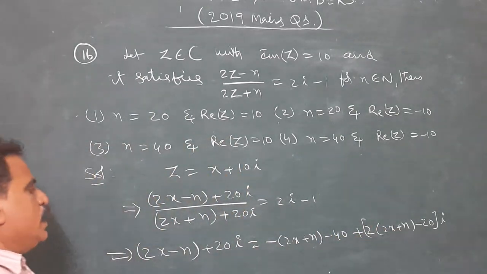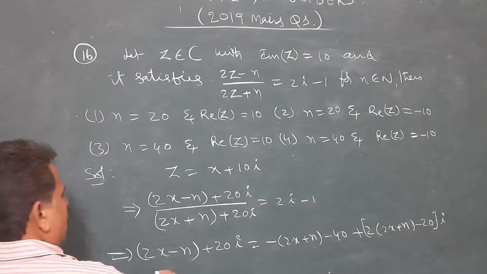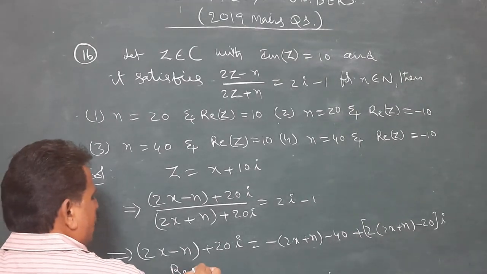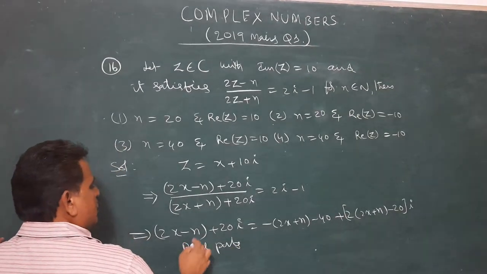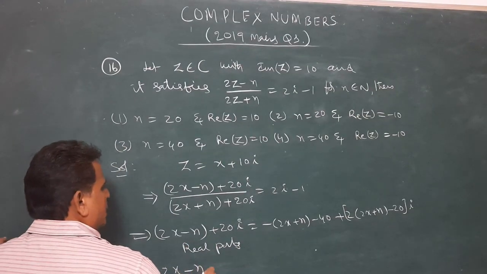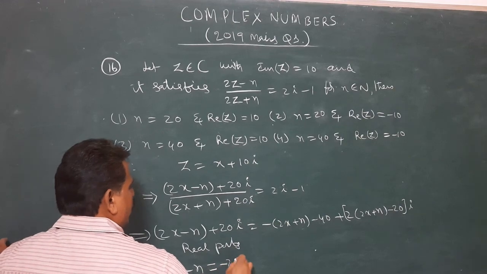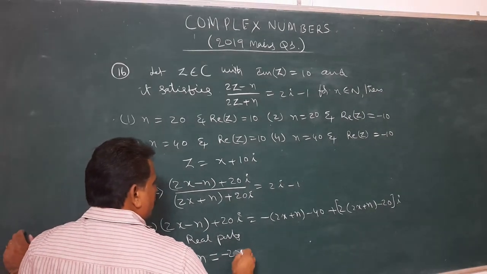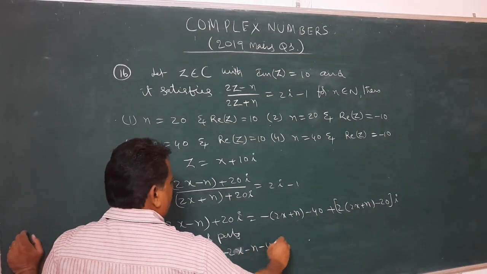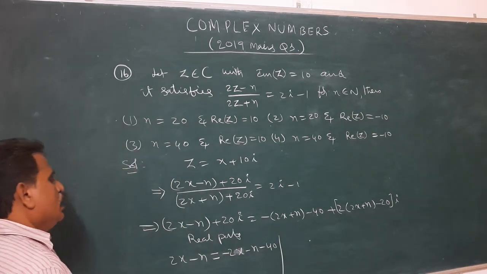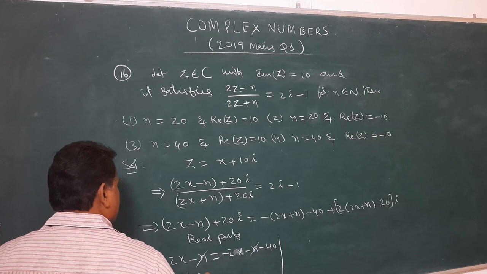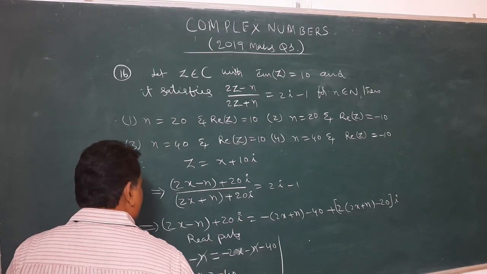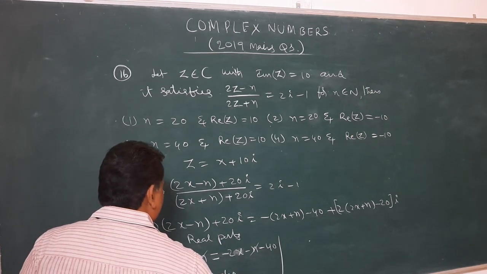Now compare both sides, real and imaginary parts. Real parts: 2x minus n equal to minus 2x minus n minus 40. Here minus n on both sides cancels. 4x equal to minus 40, therefore x equal to minus 10.